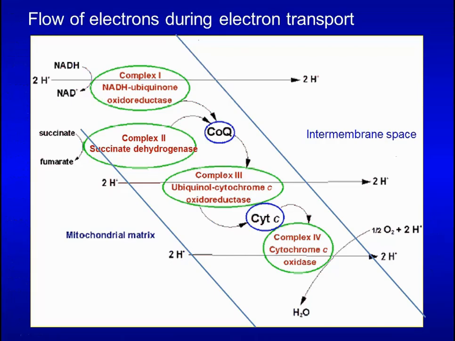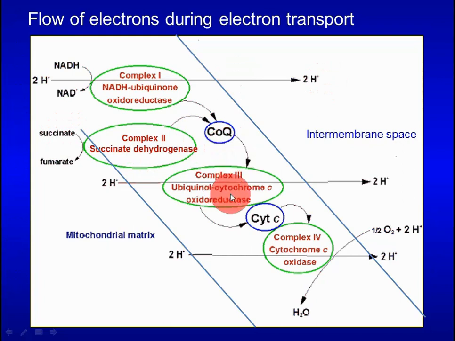Complex 1 oxidizes NADH, reduces coenzyme Q, and pumps proton to the intermembrane space. Complex 2 oxidizes succinate, reduces coenzyme Q, but does not pump any proton. Coenzyme Q receives electron and passes it to complex 3.